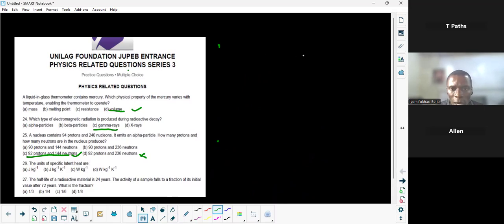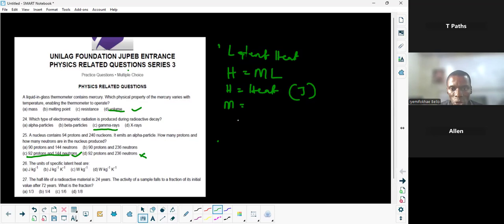First, the formula for latent heat is H equals ml, where H is heat, and the unit for heat is joules, J. Where M is your mass, and the unit for mass is kg.